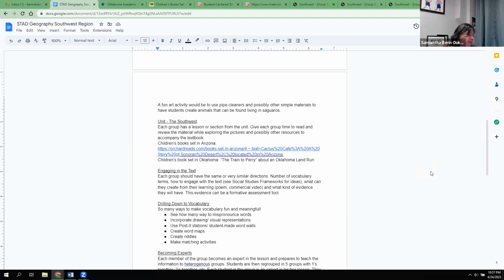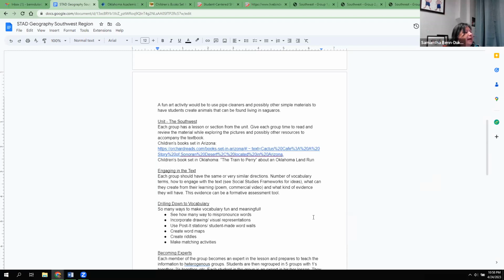For example, even though they're all reading something different, we want to make sure that they have the same or very similar directions. So some of the groups might have 5 vocabulary words, others might have 11 or 12. So we might tell them all to focus on 5 vocabulary terms just to keep it consistent all the way across the groups.